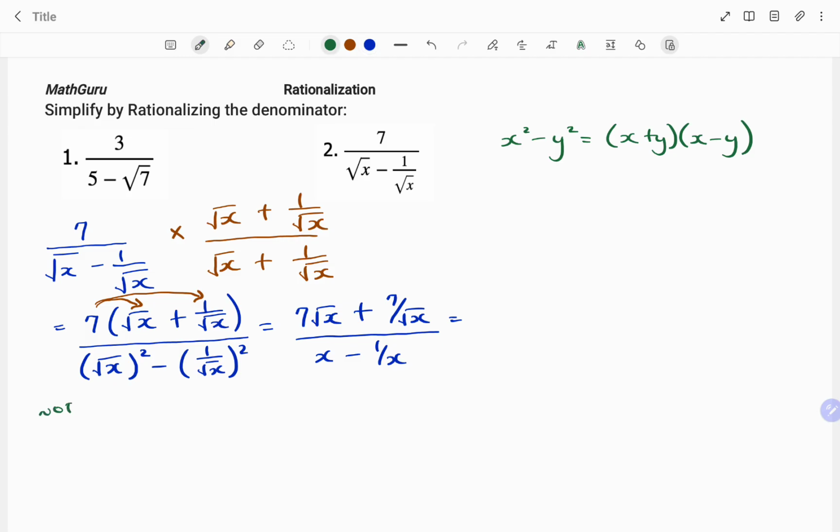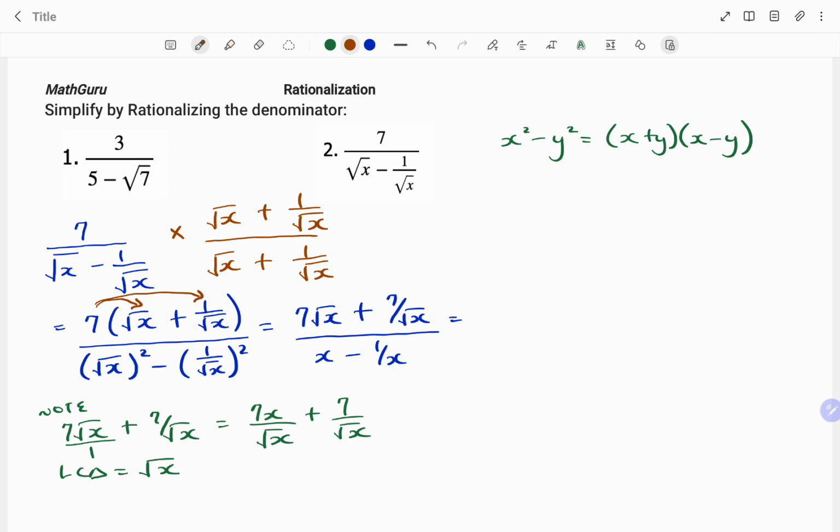I'm going to do my calculations here. For my numerator, I have 7 root x plus 7 over root x. My LCD is equal to root x, because this is over 1, and to make them have the same denominator in order to add, it's going to be 7x over root of x plus 7 over root of x.